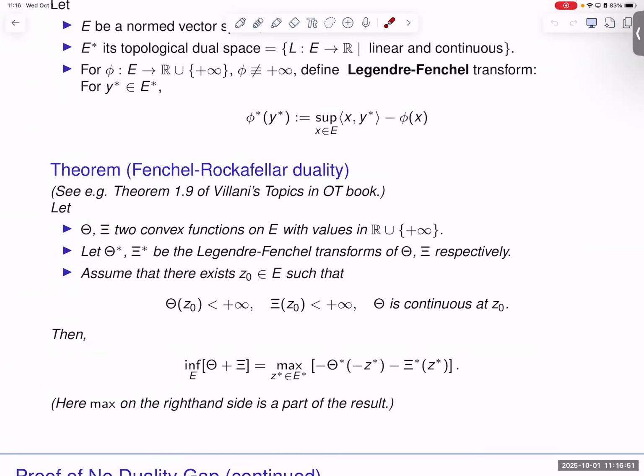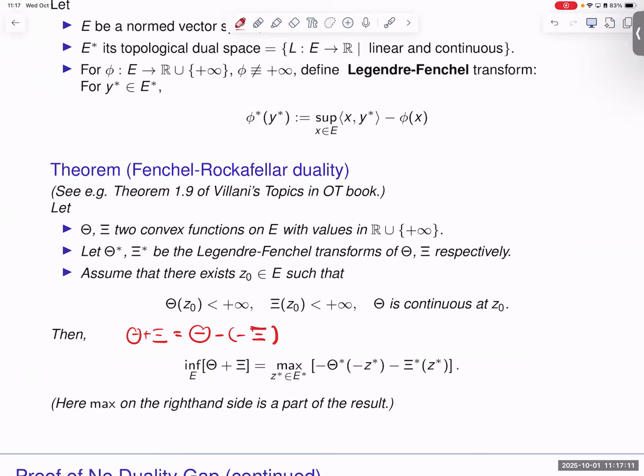And the second thing is that this theta plus psi can be understood as the difference between theta and negative psi.